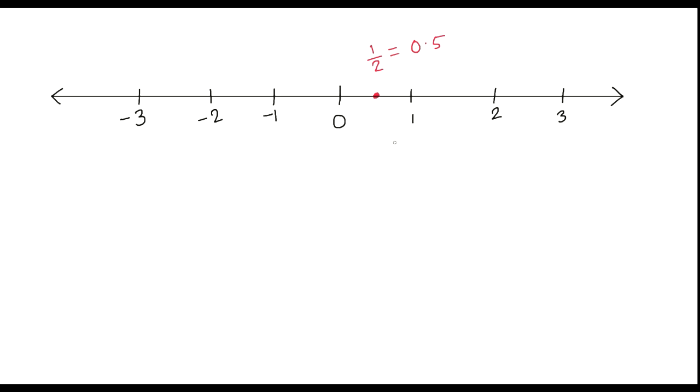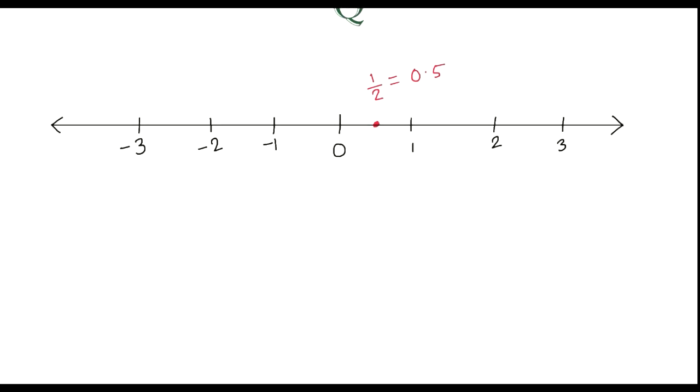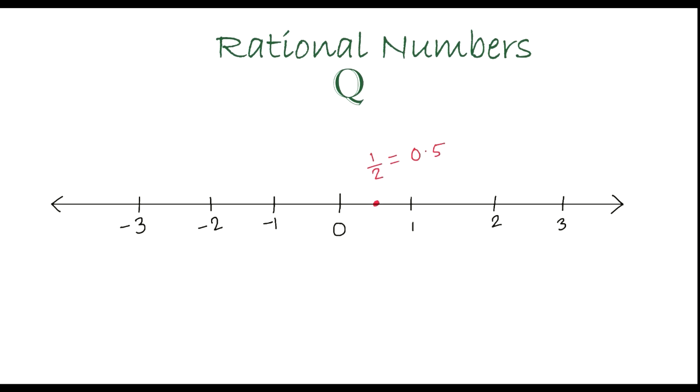So we have to introduce a new set of numbers, called the rational numbers. Rational numbers are represented with Q.